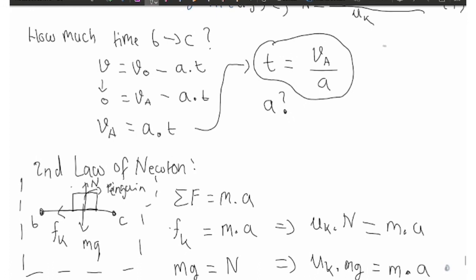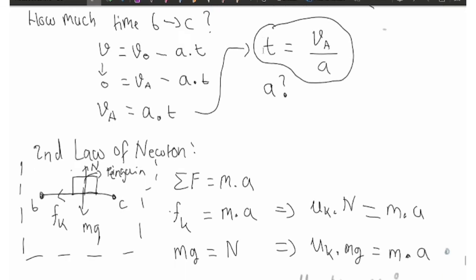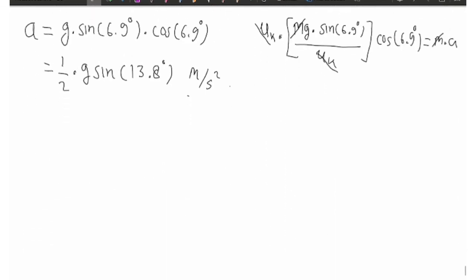and because t is equal to va divided by a, we can rewrite this equation. t is equal to va divided by a, which is va divided by half times g times sine of 13.8 degrees.